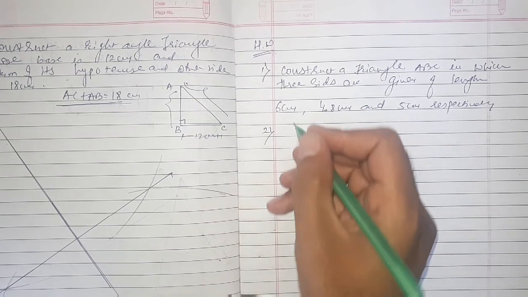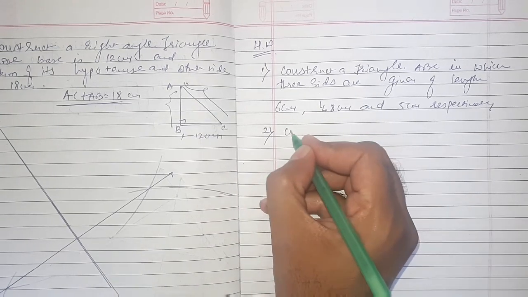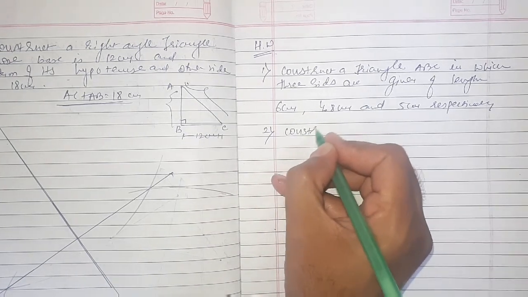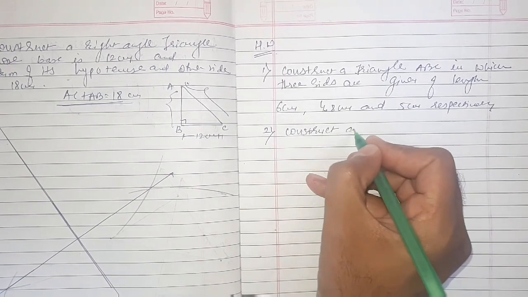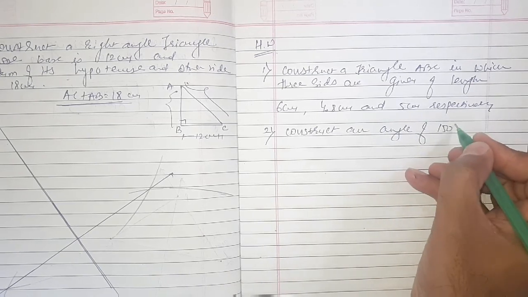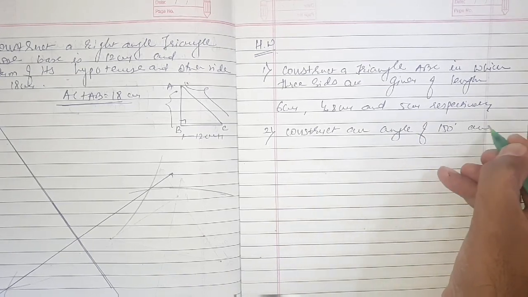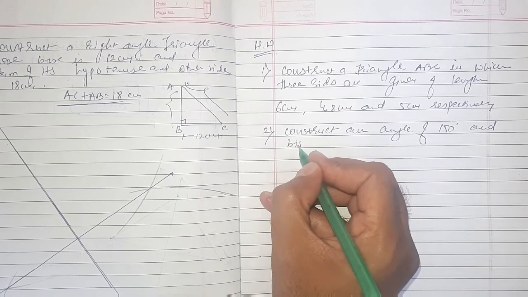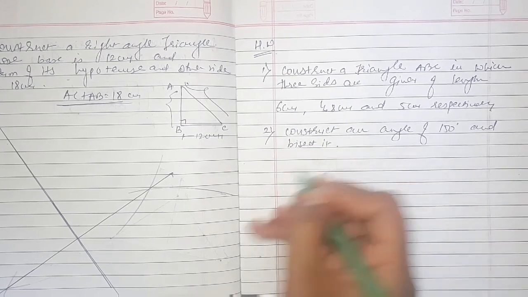Second question: construct an angle of 150 degree and bisect it.